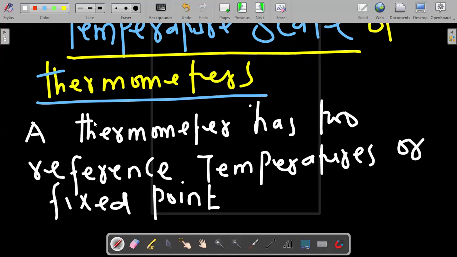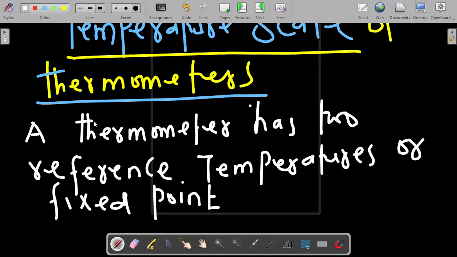After you use it, it will rise to another level. That's what we mean by fixed points. The fixed point is the lowest point, and the other point is the highest point you can measure. So every thermometer is designed in that manner.